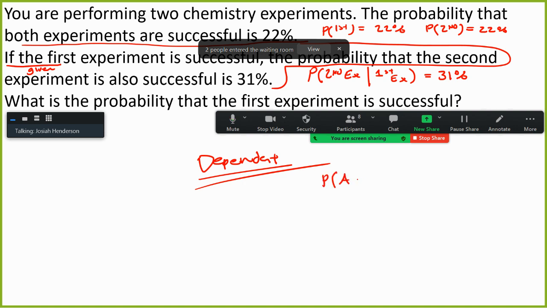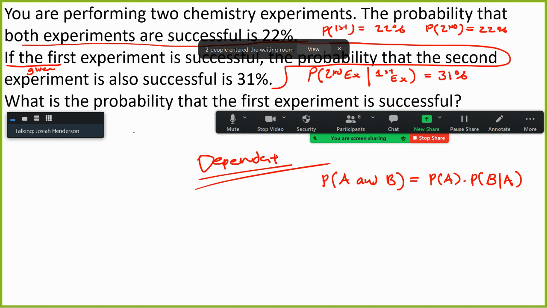Probability of A and B is the probability of A times the probability of B given A. And we have both of those numbers. Oh, this is asking us the probability that the first experiment is successful. Well, that's weird.